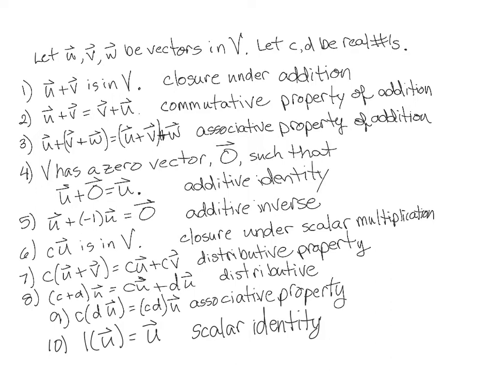Okay, here's your 10 axioms. If u, v, and w are vectors in the set V, and c and d are just a couple of real numbers, any real numbers, then axiom 1 says that if you add those vectors together, you stay in the same space. So if you take, say, three-dimensional vectors, x, y, z. You take an xyz vector and an xyz vector and you add them together, what are you going to get?